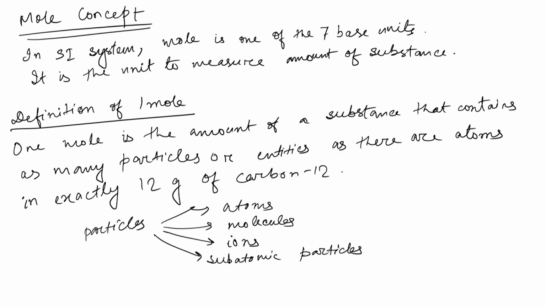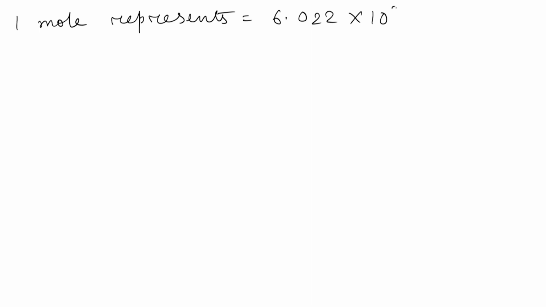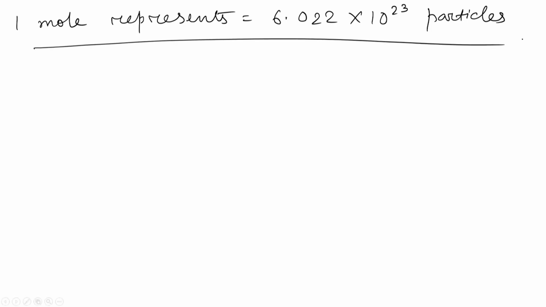So, mole is a physical quantity that is dimensionless, and 1 mole represents 6.022 into 10 to the power 23 particles. Okay. So, this is a very interesting number, 6.022 into 10 to the power 23 particles.